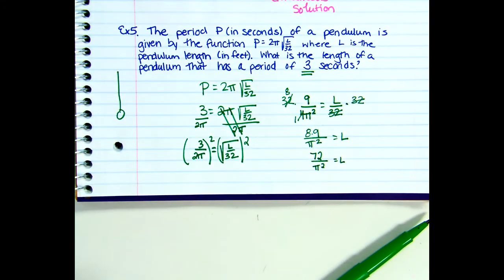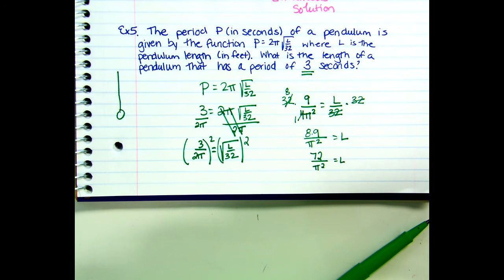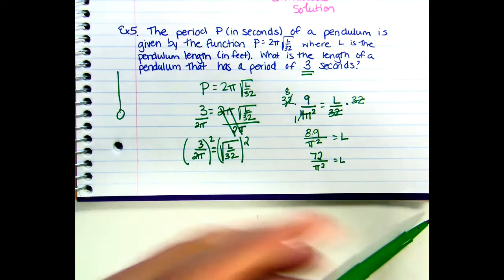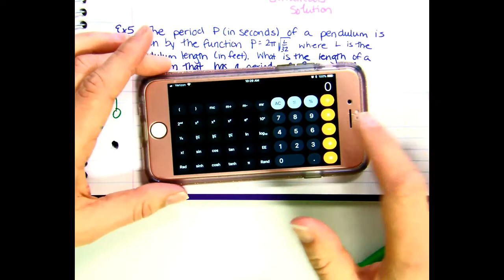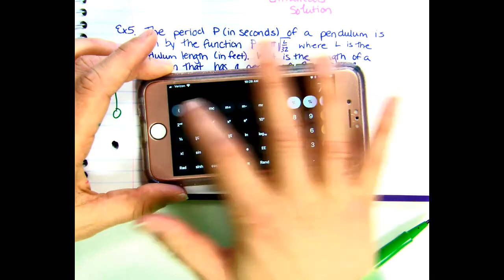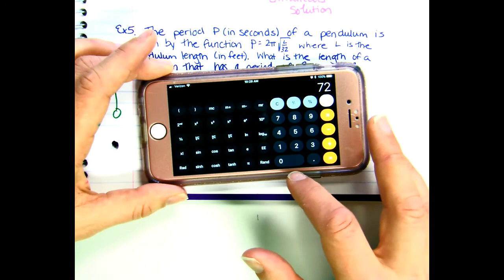So let me grab my calculator. Okay. So I'm going to do 72 divided by, and then in parentheses, where's my pi button?